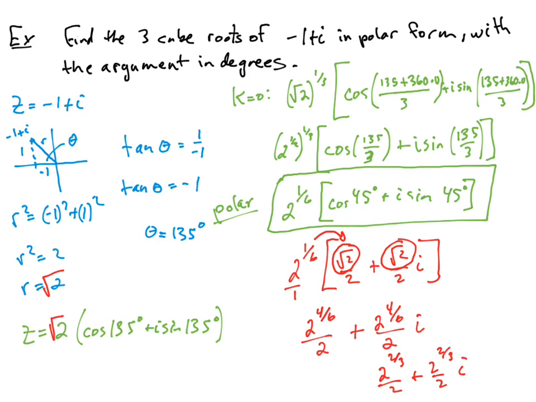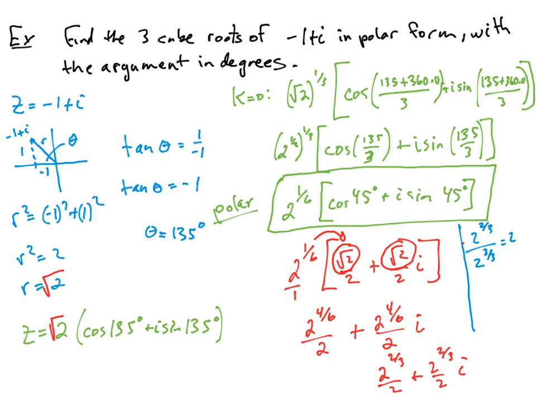And if we do that, let's see, I'm kind of running out of room here. Well, let me pick a different color. 2 to the 2/3, if I divide that by 2, well, when we're dividing and the bases are the same, we can subtract the exponents. The exponent right now in the denominator is a 1, but getting a common denominator, that's going to be 3 over 3.